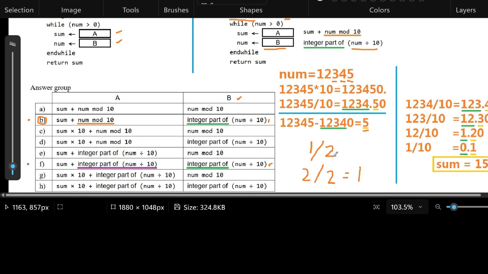But in this case, because there's no 2 in 1, the number of 2's in 1 is 0, and so instead what you get is a remainder, which is 1. In the same way, here we get 5 as the remainder.